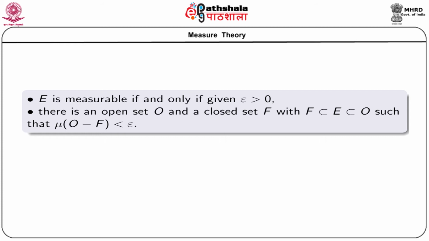This shows that a measurable set is nearly open and nearly closed. That is, we can sandwich the measurable set within an open set and a closed set whose difference can be made as small as possible in terms of the measure.